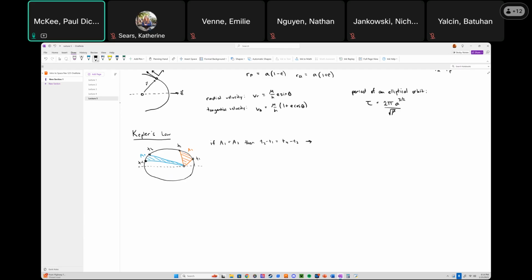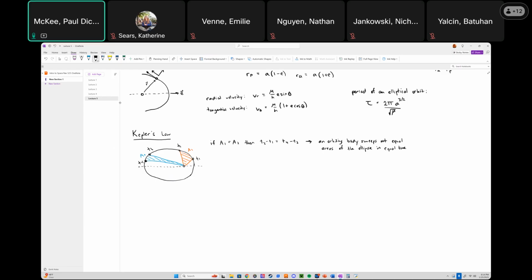Or in other words, an orbiting body sweeps out equal areas of the ellipse in equal time. It's not equal distances in equal time, but it's equal areas in equal time.